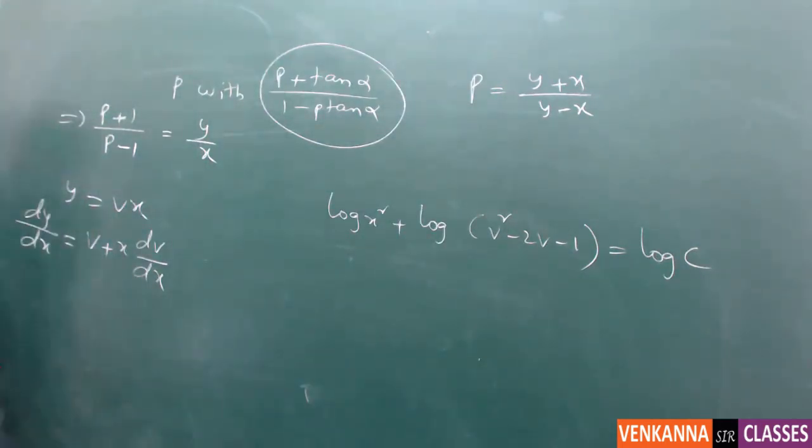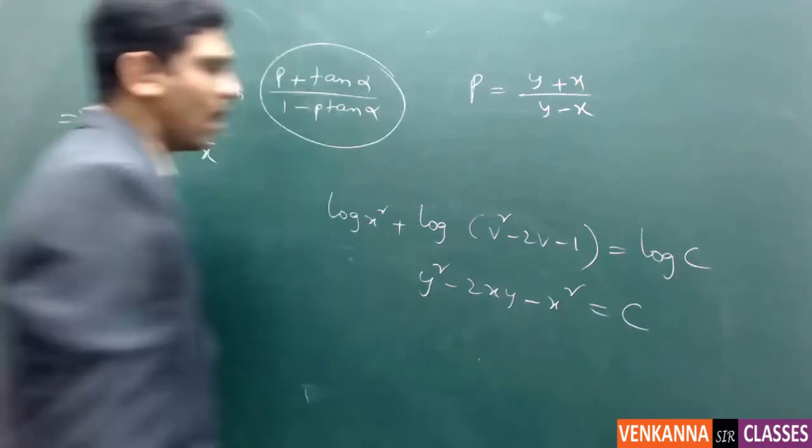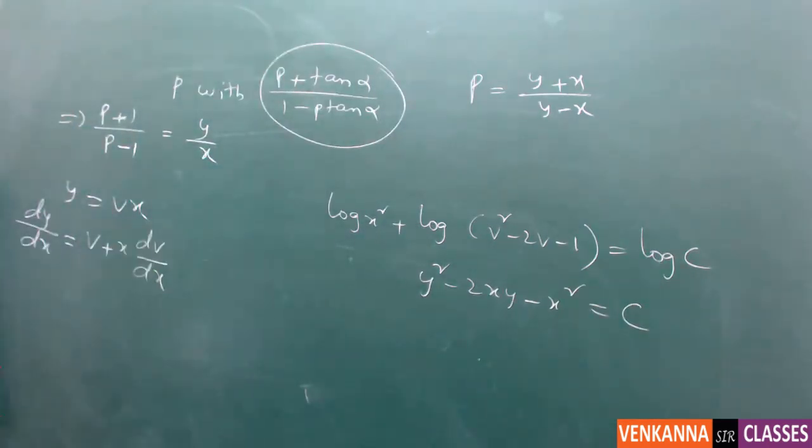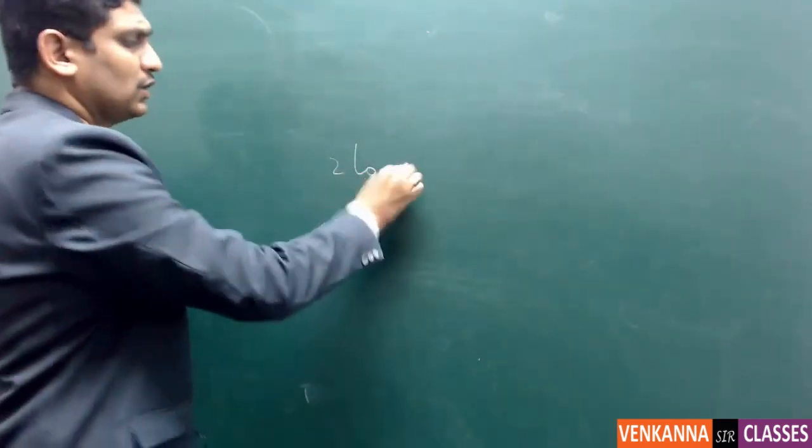So the final answer will come like this after simplification. Fine? Right. How x square? You are going to get 2 log x, so that x square will come.